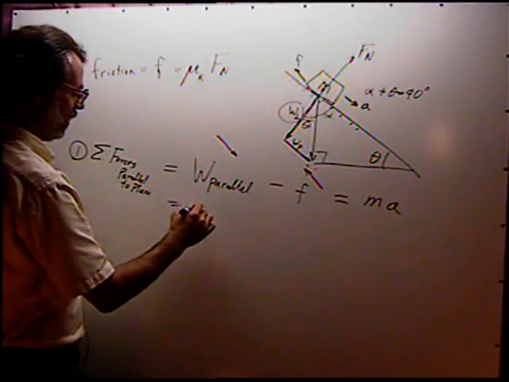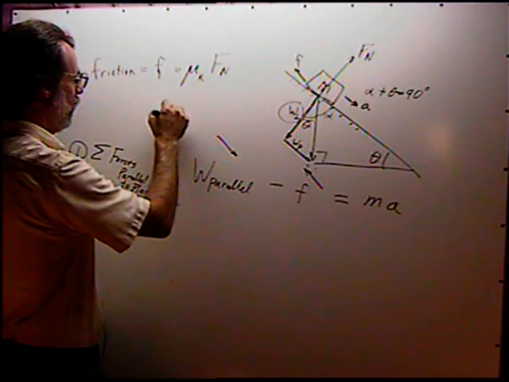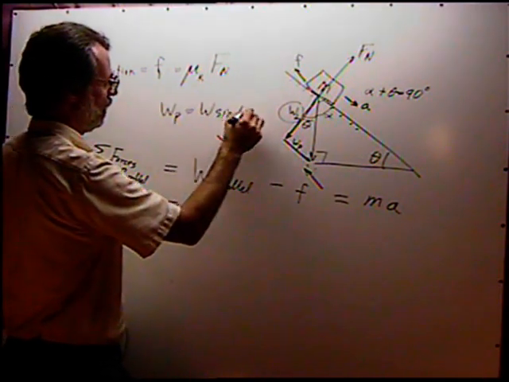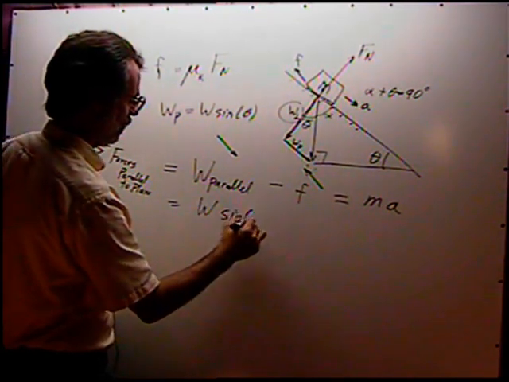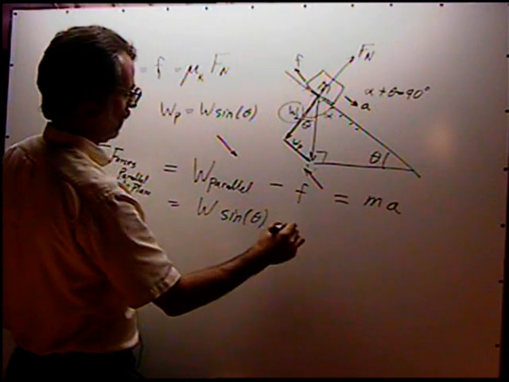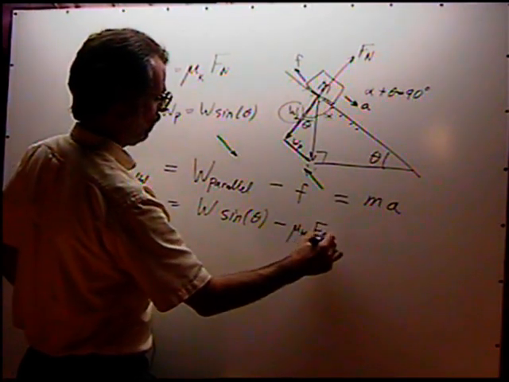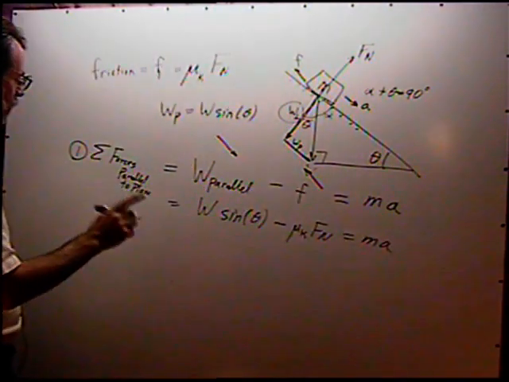Again, the weight parallel is equal to the weight times the sine of the angle. So we have weight times the sine of the angle minus the coefficient of kinetic friction times the normal force equals ma. Now, how do we know what the normal force is?